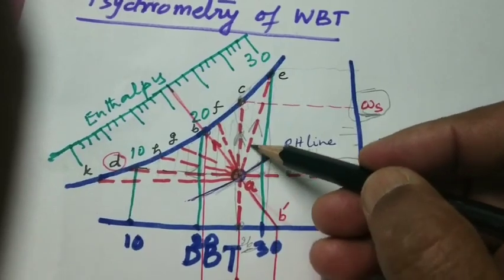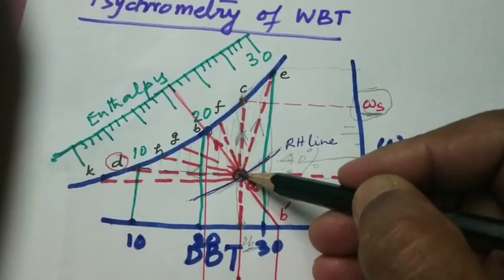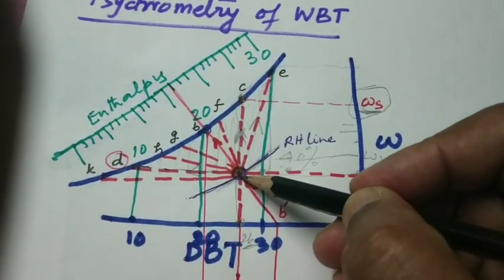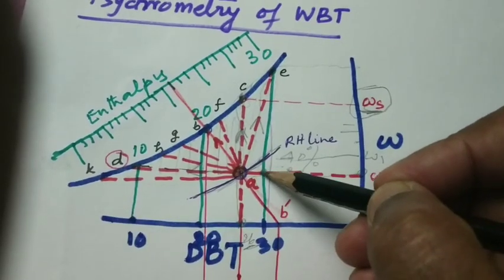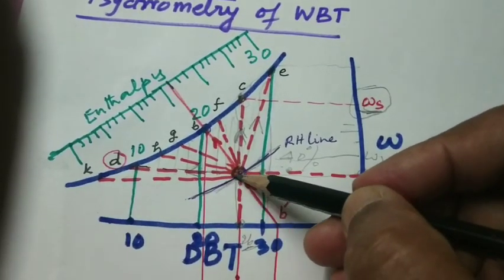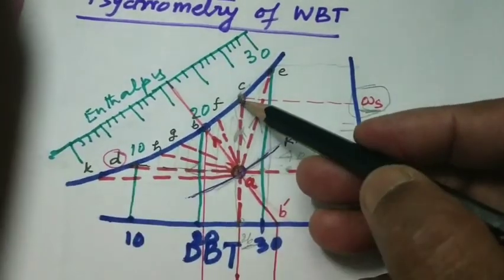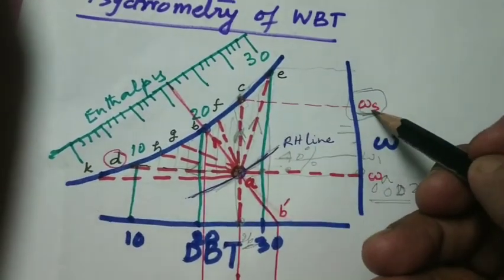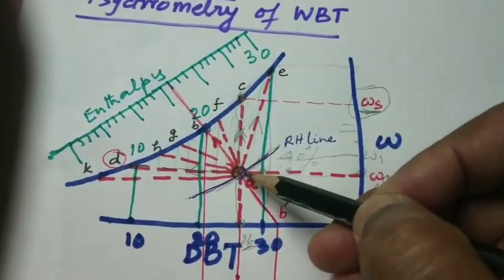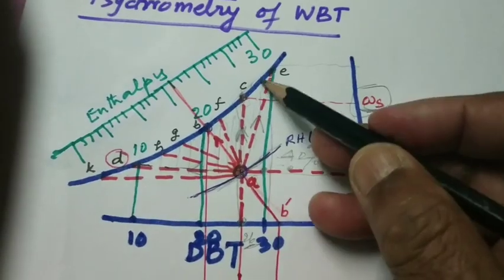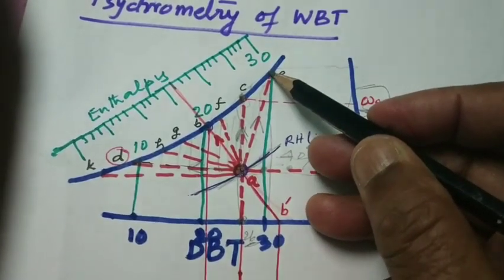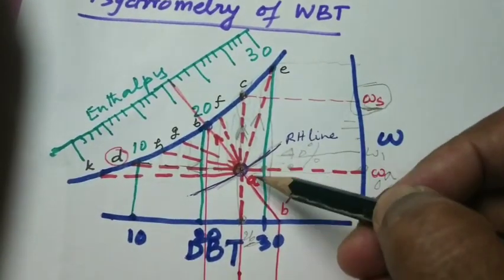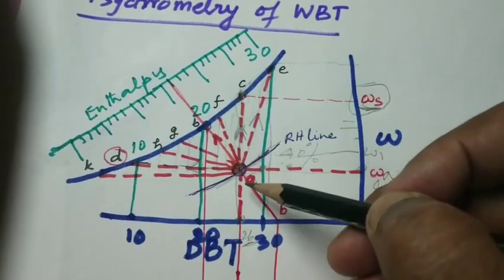But this process is not giving you the saturated value of A. It will be giving you a saturated value for this. So A has only one saturated condition, which is omega S, at C. But this particular E condition is not a saturated value. It is some value where the temperatures have increased.